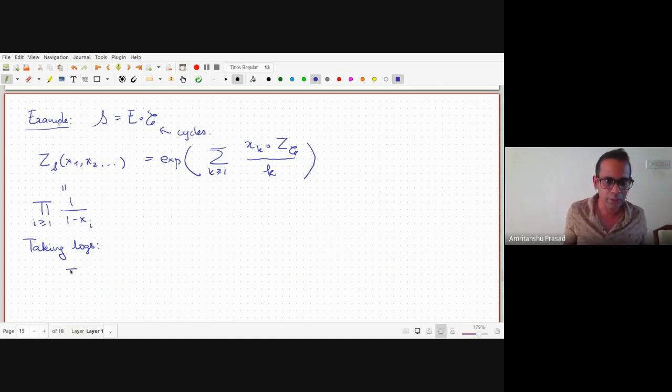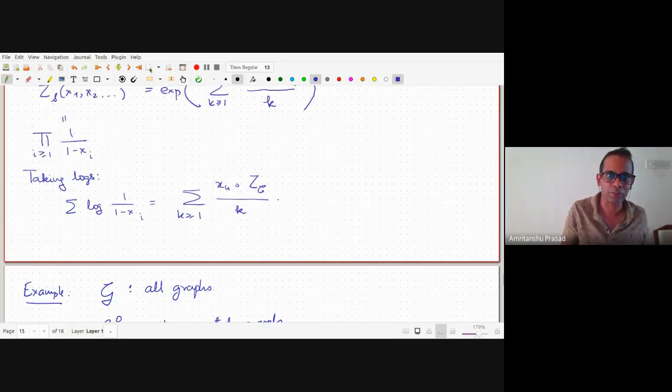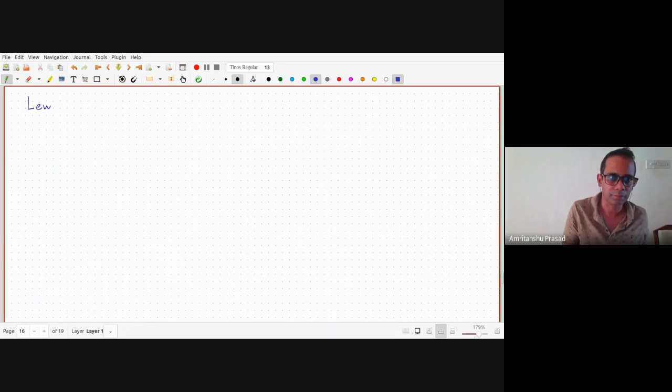So you get the summation of log of 1 over 1 minus xi is equal to the summation over k greater than or equal to 1 of xk circle ZC by k. Now there's a general lemma for dealing with this kind of stuff, and so we can resolve this whole thing and compute ZC from ZS.